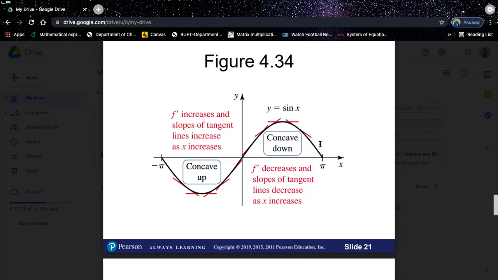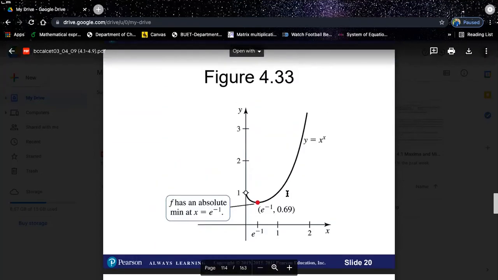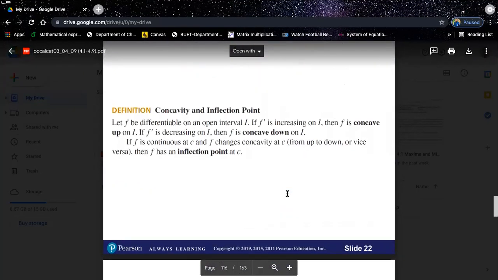These are obvious things, to be honest, but I don't want you to memorize it. Rather, if you can actually visualize this and understand the reasoning behind it, that would be even better. That will sustain longer in your brain, right? Okay, let's move to concavity.